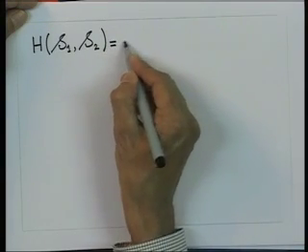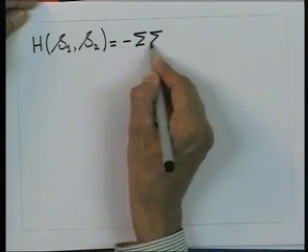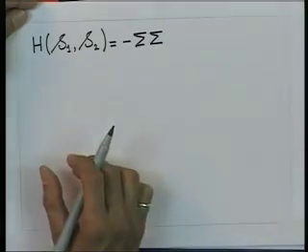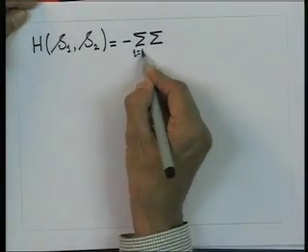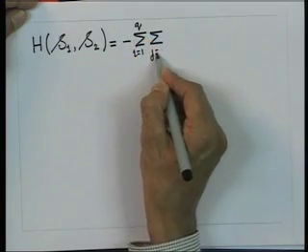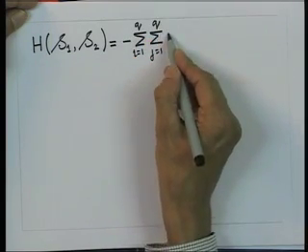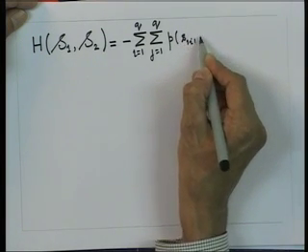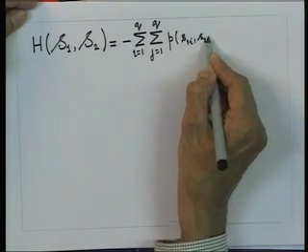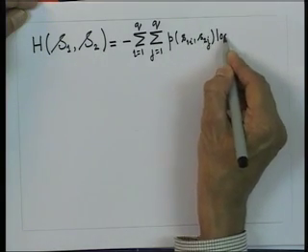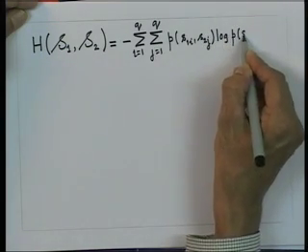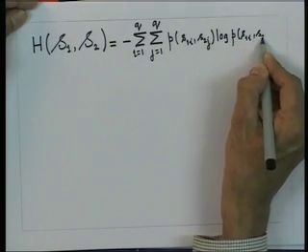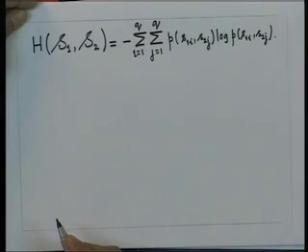This is the joint information which I will get from messages of length 2, would be sum over i equal to 1 to q, j equal to 1 to q, probability of S1i, S2j log of probability of S1i, S2j.